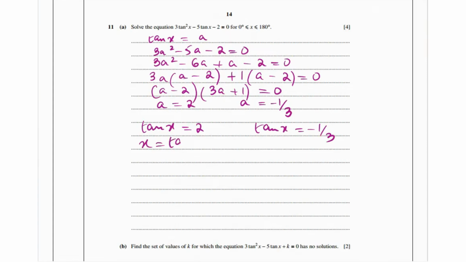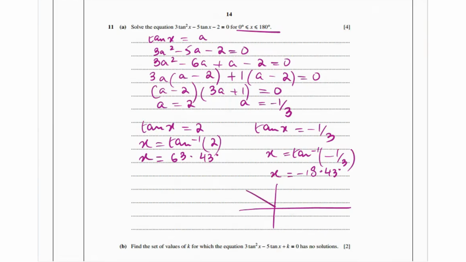X is going to be tan inverse of 2, which is going to give us 63.43 degrees. And then over here, x is going to be tan inverse of negative 1 over 3, which gives us negative 18.43 degrees. The angles are supposed to be between 0 and 180. So tan is negative over here in the second quadrant, positive in the first quadrant, third quadrant, negative in the fourth quadrant.